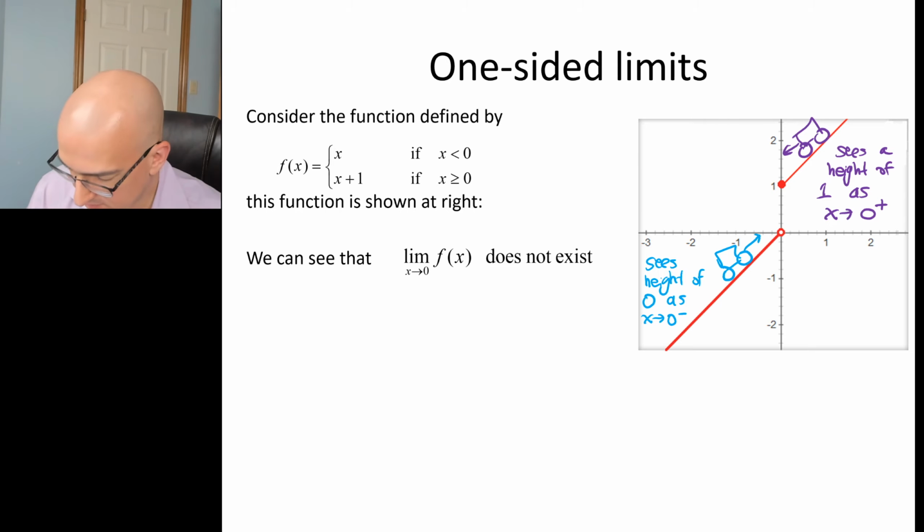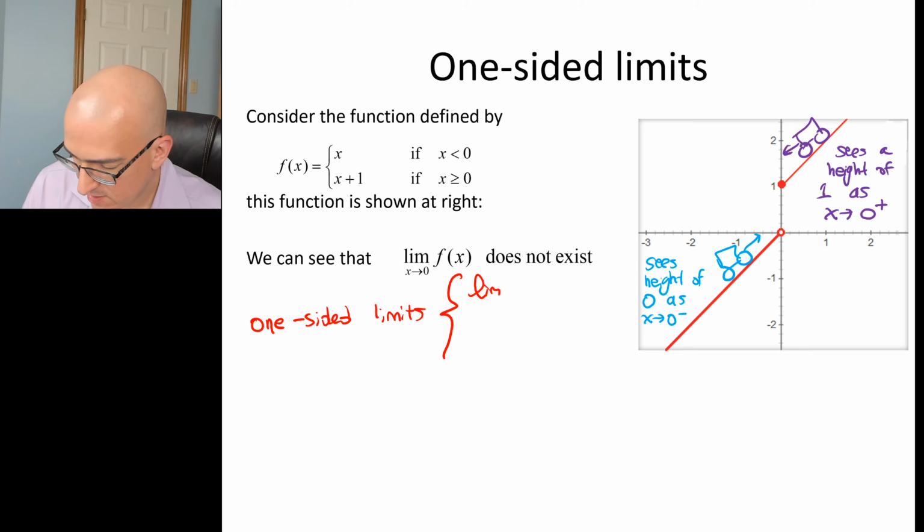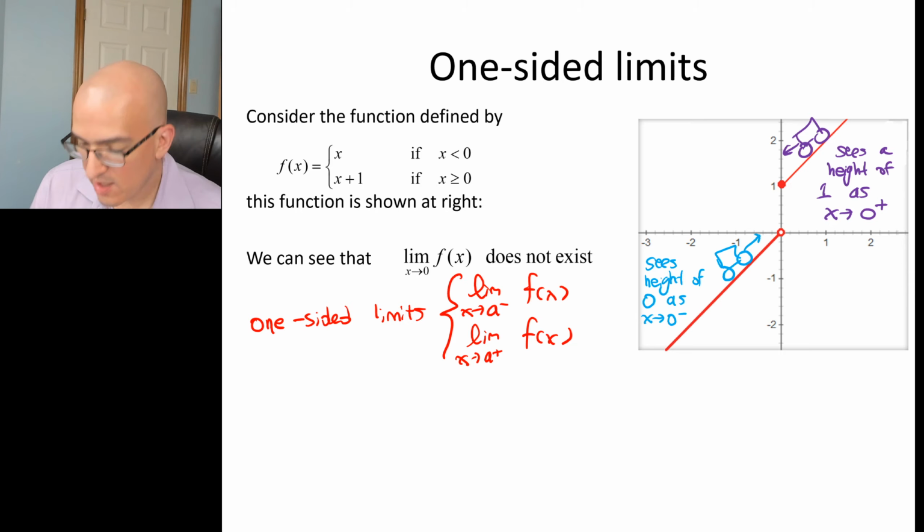The two-sided limit, so I'll put down one-sided limits. There's two of those. Limit as x approaches a from the left of f of x. Limit as x approaches a from the right of f of x. Those are approaching an x-coordinate from the left or from the right, so one at a time. And the two-sided limit is approaching from both sides at the same time.